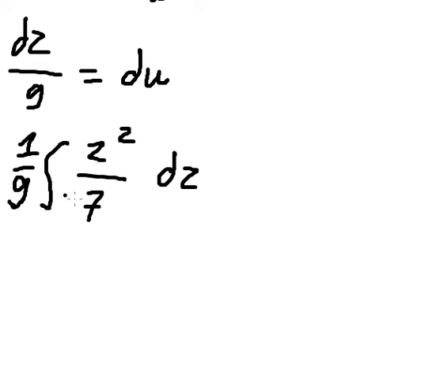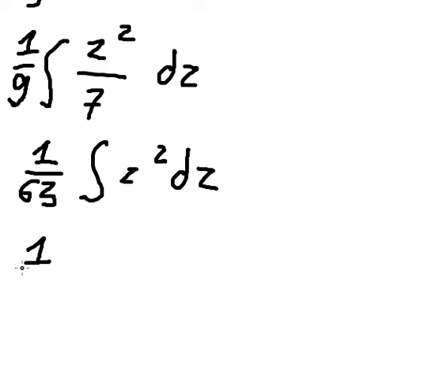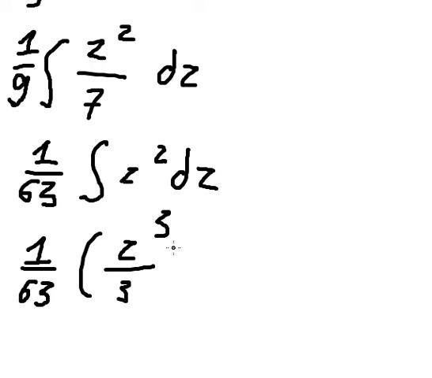So number 9 and 7, you get 1 over 63. The integration of z square, we have z to the power of 3 over 3, and we put c.